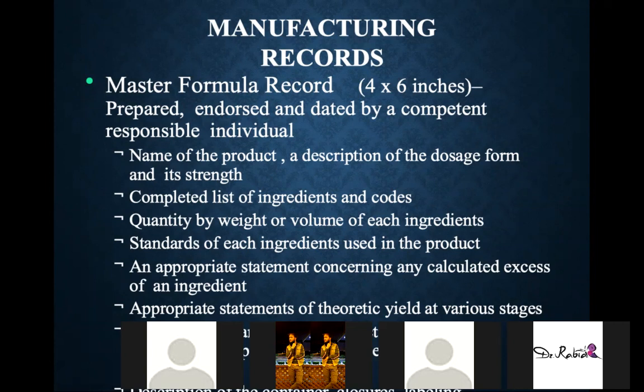Every product has its own master formula. It is very important because every product has a master formula. You can't manufacture without a formula. Mostly the girls, when you are working in the kitchen, you have various types of recipes.